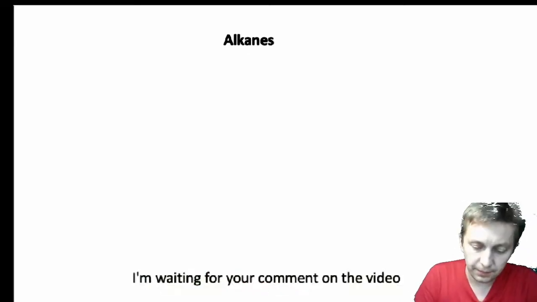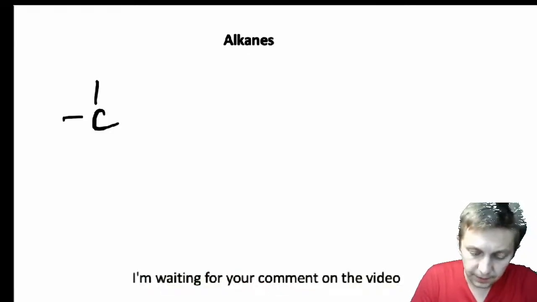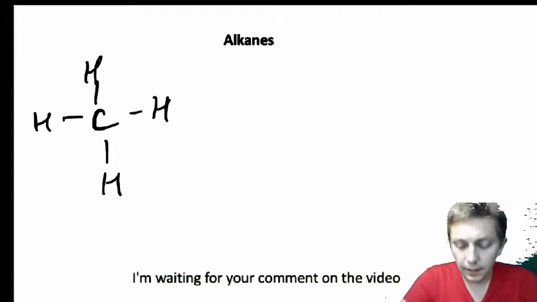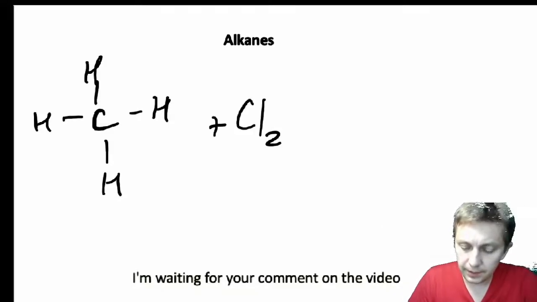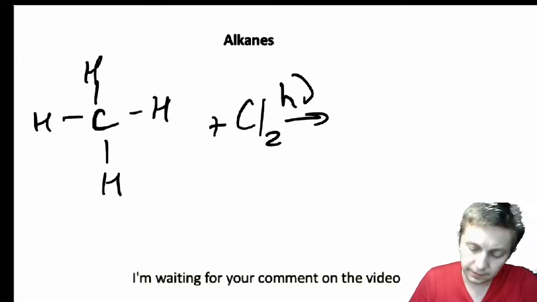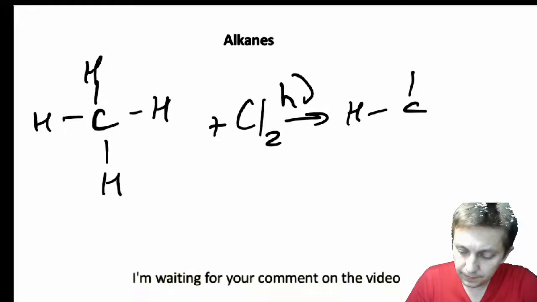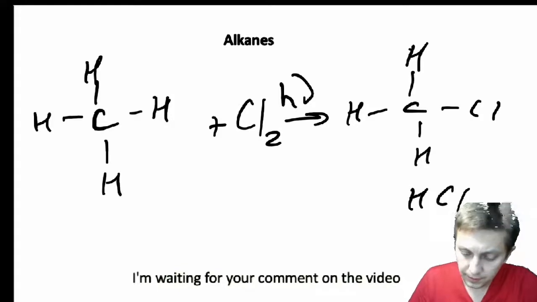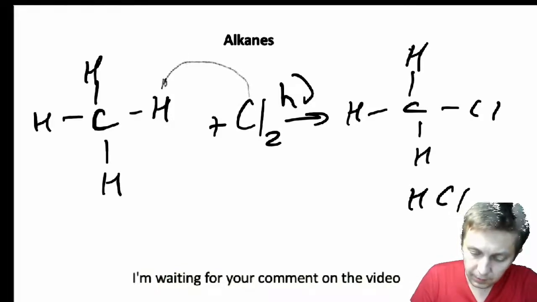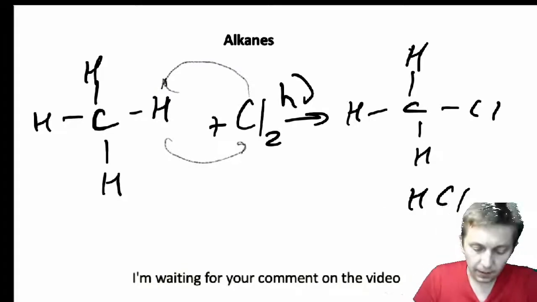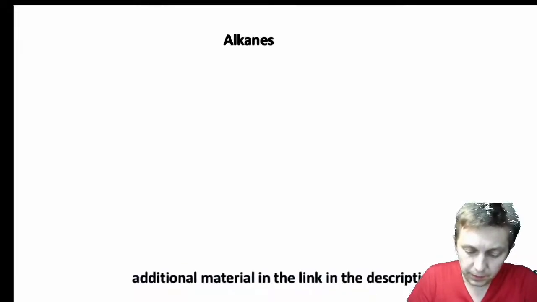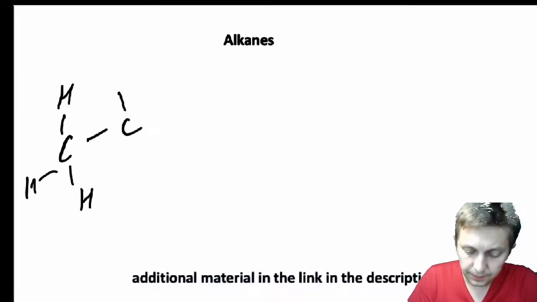For example, we have CH4, methane. In the presence of ultraviolet, it forms chloromethane and HCl. One chlorine replaces one hydrogen. Another case, for example, we're dealing with propane.